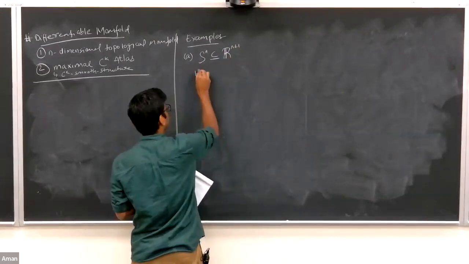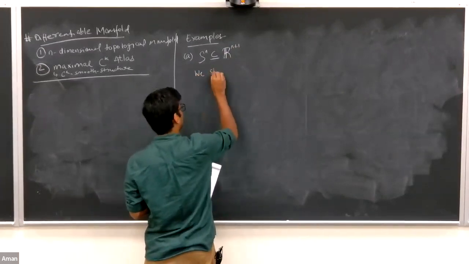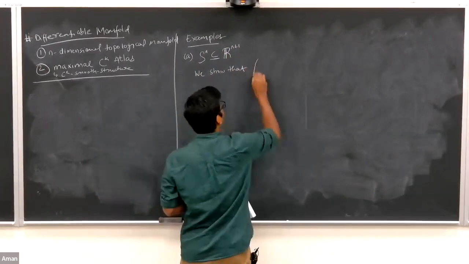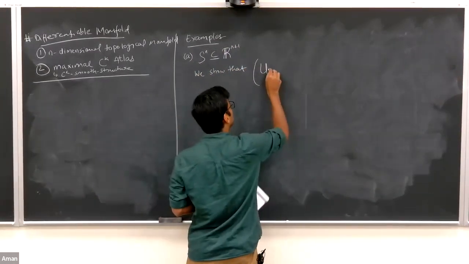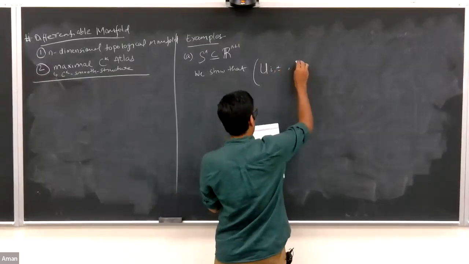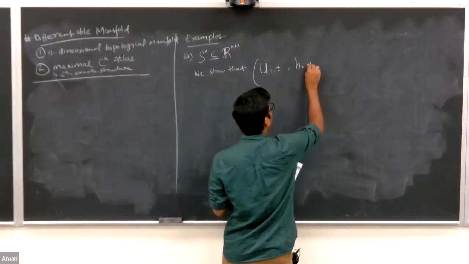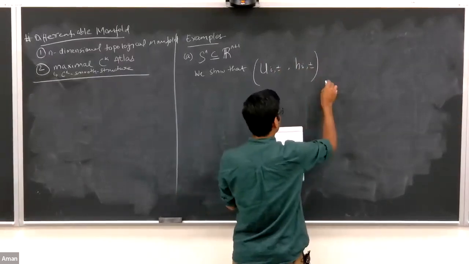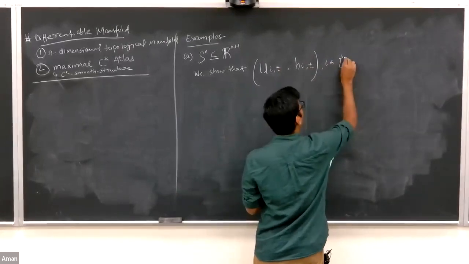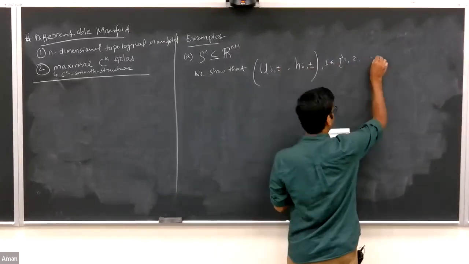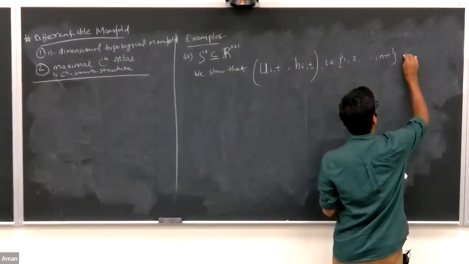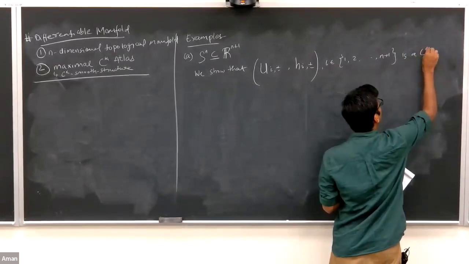So we need to show that the collection U_i plus/minus and h_i plus/minus, where i equals 1, 2, up to n plus one, is a C-infinite atlas.